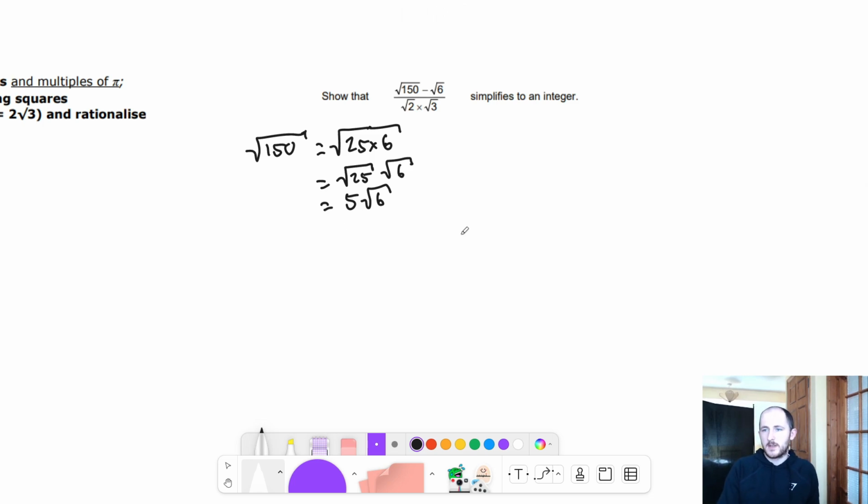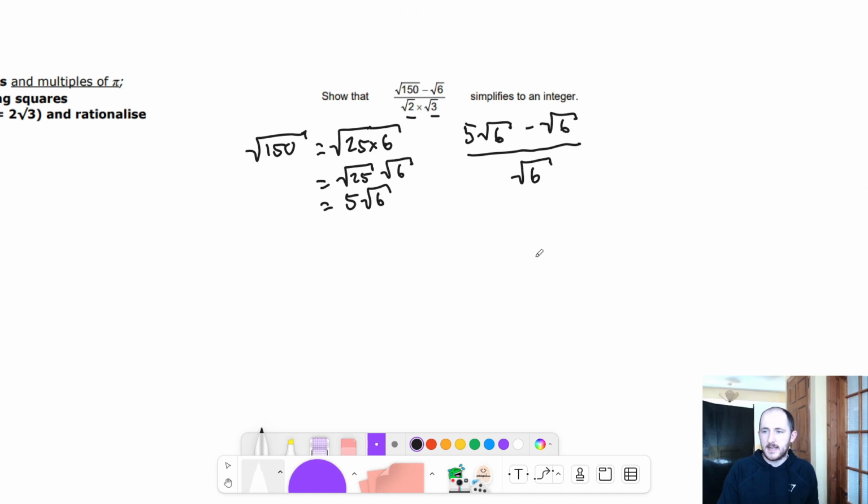Okay? So this whole thing can be written as 5 root 6 minus root 6 over root 2 times root 3, which is just doing this backwards. So it becomes square root of 3 times 2, which is 6.